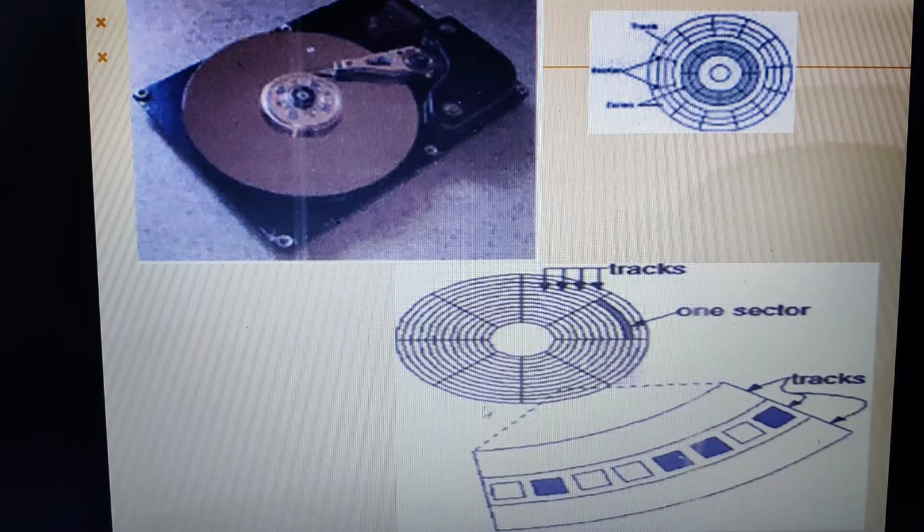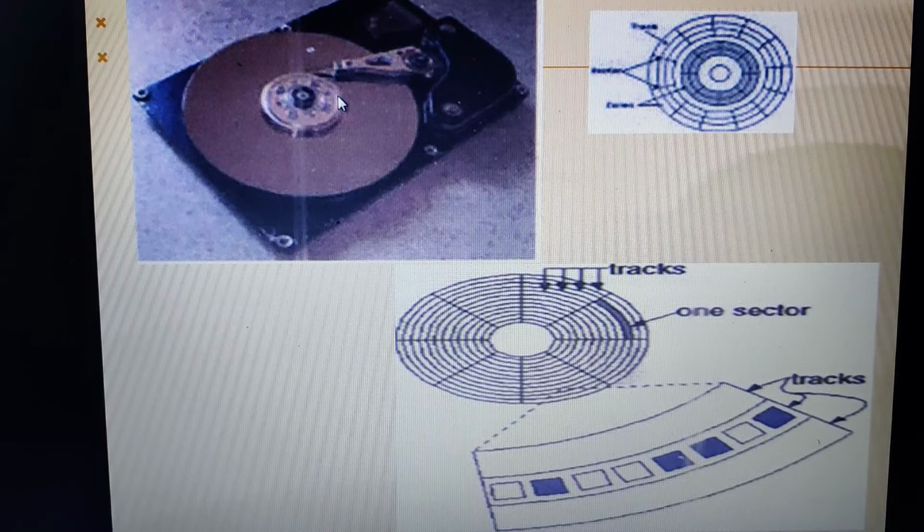That average time that has been taken to reach this particular location and then start playing that particular audio or video song or whatever the file might be, we call it the access time. And what did we discuss about the seek time? That is the time taken to locate this particular read or write head to this particular location. That we call seek time. I hope you are able to understand the concept.